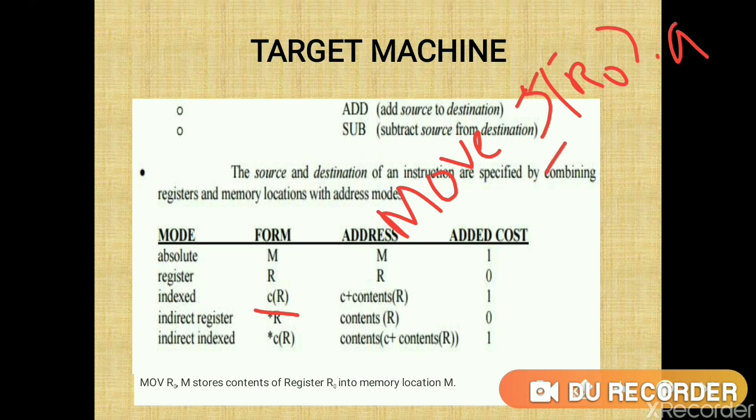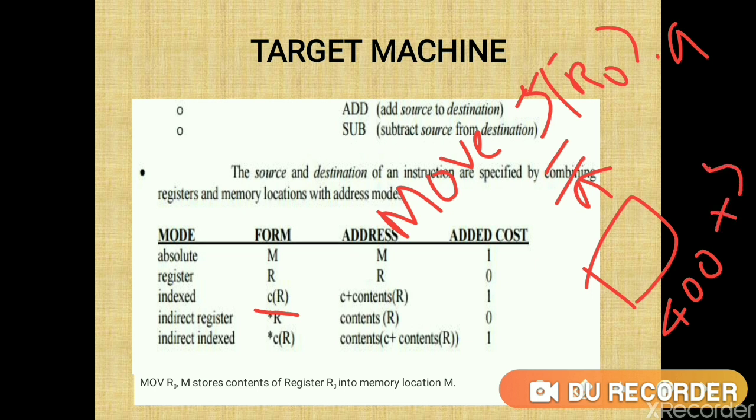Here C represents the constant value, and R0 comma A. Here R0's address is some 400. I will add 5 along with that. So what will be the effective address here?